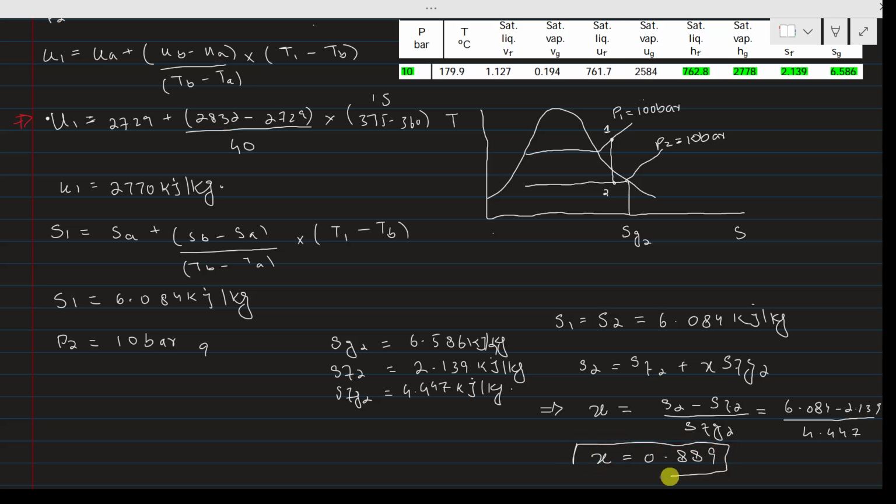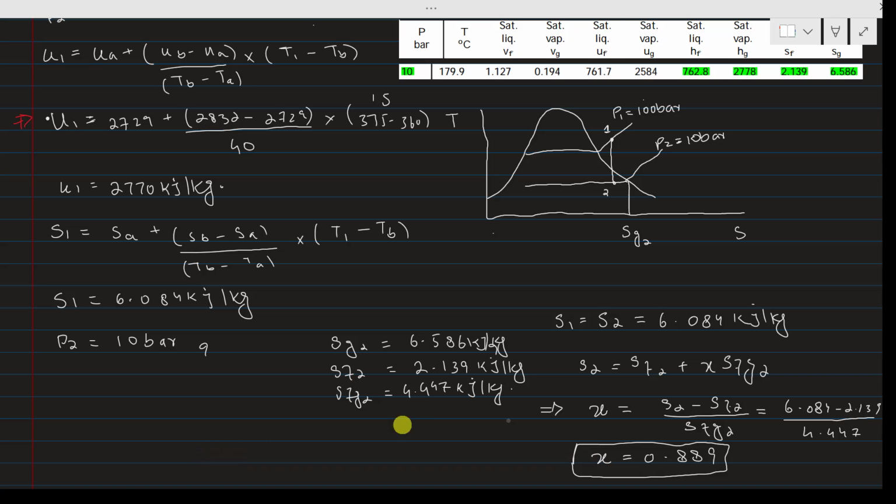Next thing we need to find is U2 at state point 2. You need the internal energy at state point 2, because without knowing the internal energy at these two state points, you cannot determine how much work is done by the steam.